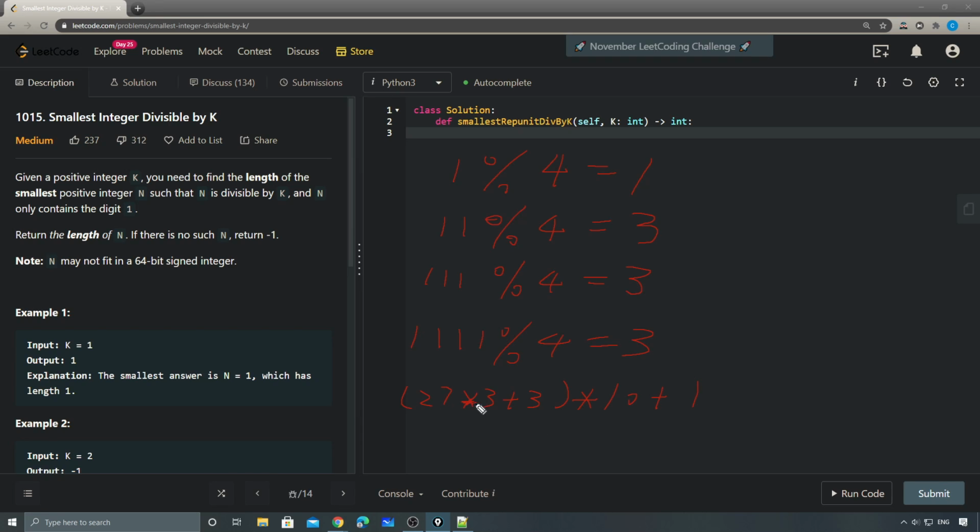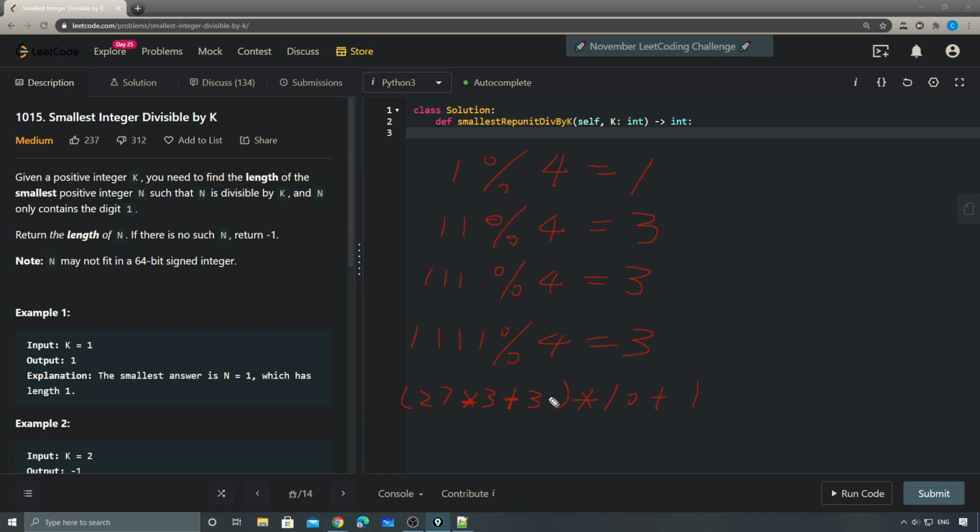So as you can see, the previous part is always like times k and then plus the remainder. So whatever is before this plus sign is divisible by k, right? So it means that after times 10, the total result is also divisible by k.